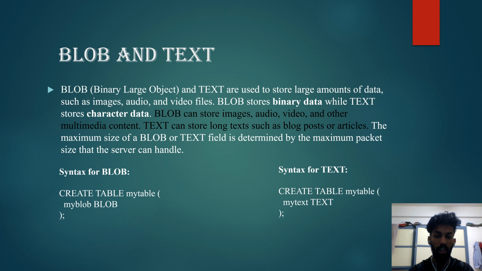BLOB uses binary data values, while TEXT stores character data. BLOB can store images, audio, video, and other multimedia content. TEXT can store long text such as blogs, reports, or articles. The maximum size of a BLOB or TEXT field is determined by the maximum packet size that the server can handle. Here I have given the syntax for BLOB.